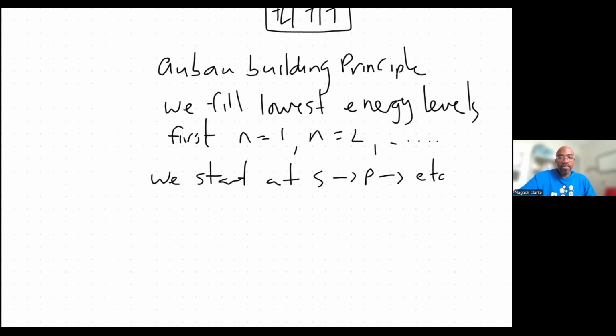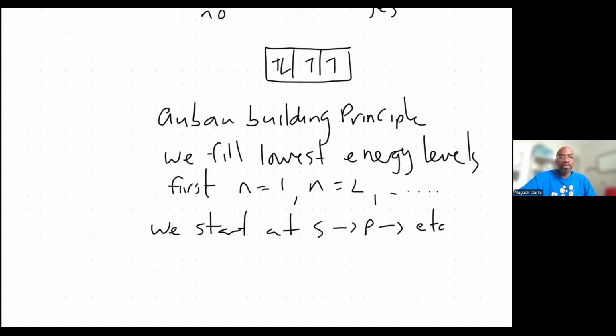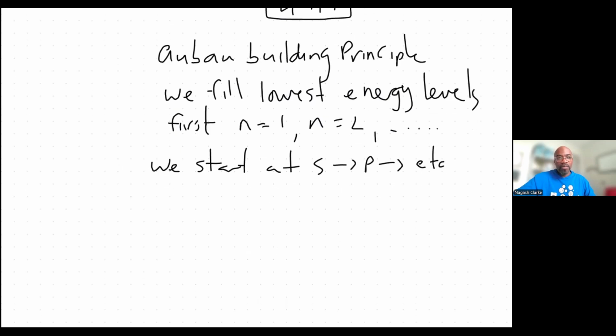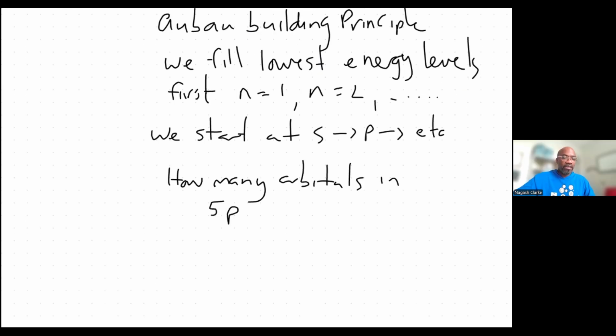All right, so I just wanted to talk about some quantum numbers and how we look at those. What tends to mess students up is, for example, if I ask how many orbitals, it's either 5, and we say, oh, it's 5.